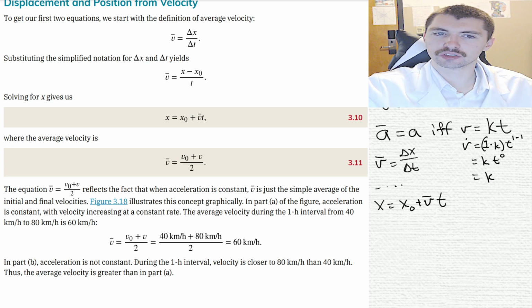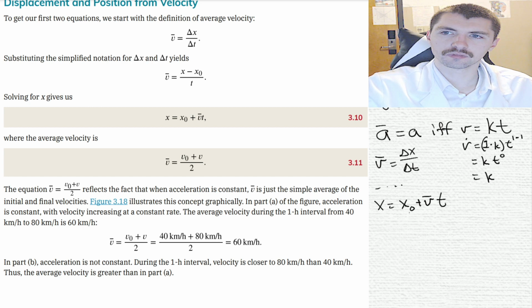It's not a function, I would say. Or I don't know. I'm seeing it as x naught plus kt, where k equals v.